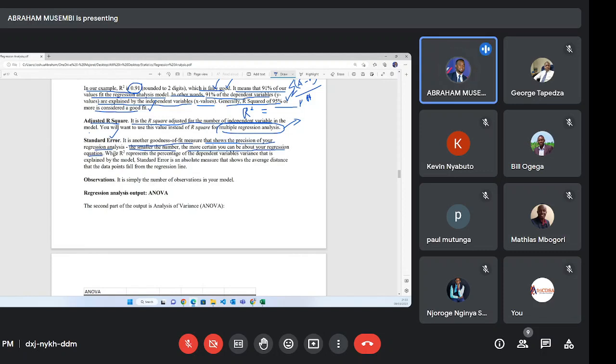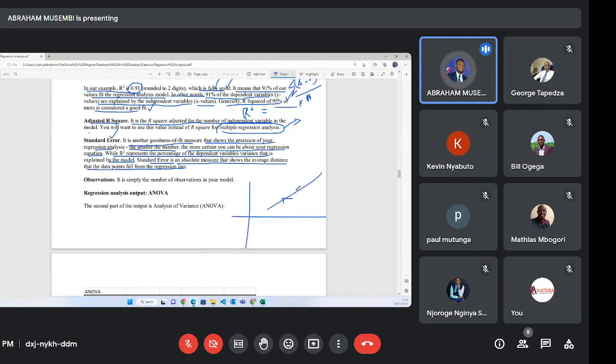While r squared represents the percentage of the dependent variable explained, the standard error is an absolute measure that shows the average distance that the data points fall from the regression line. I had illustrated that.